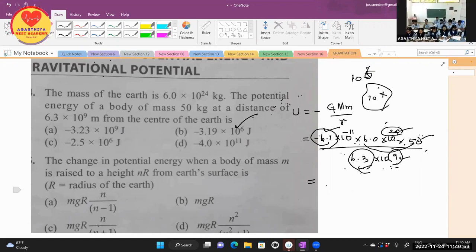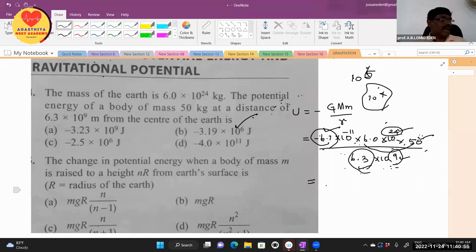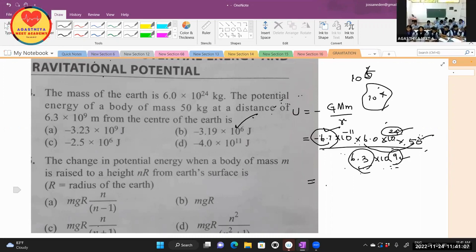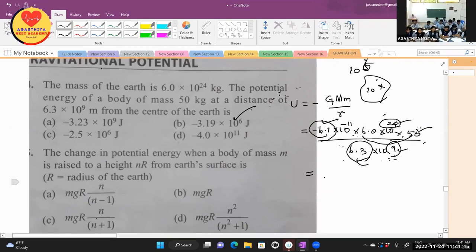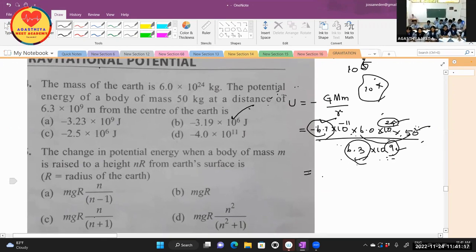Because they are asking for the options only, it is not required to calculate the entire thing. Anyway, you do the problem. This is the method of arriving at the answer very quickly, approximately.